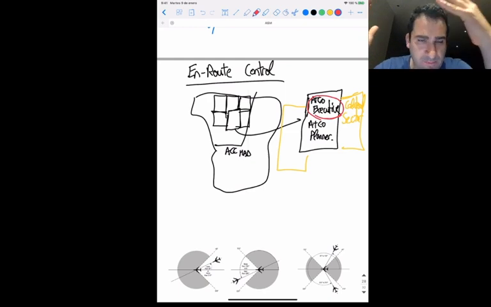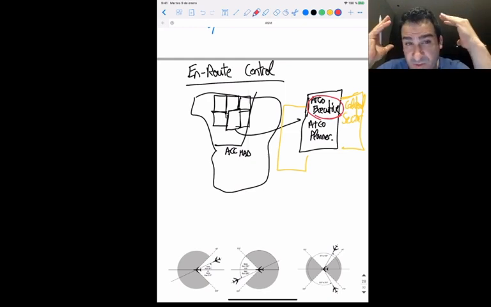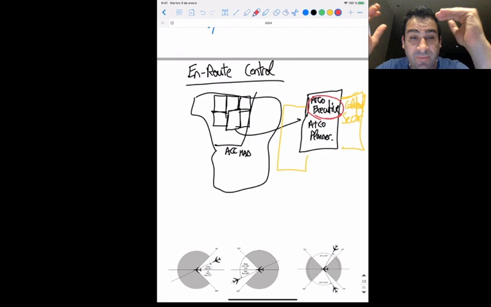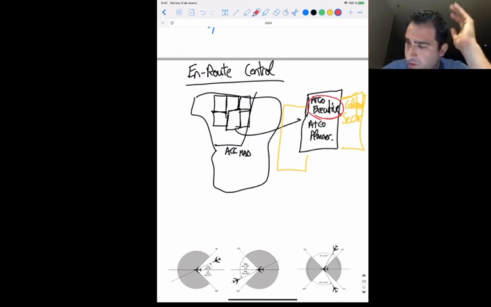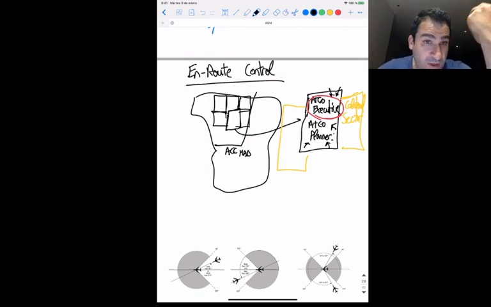Well, both of them are monitoring the evolution of traffic, but the executive is the one to instruct any order, any clearance, to establish communication with all the flights crisscrossing the sector at that time.